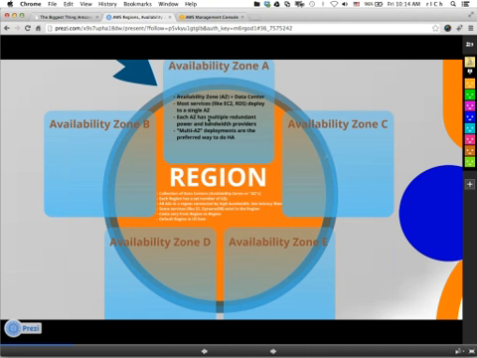We said that most of the services, like EC2 and RDS, are provisioned at the AZ level. Some services, like S3, DynamoDB, and SQS, the queuing service, exist in the region.